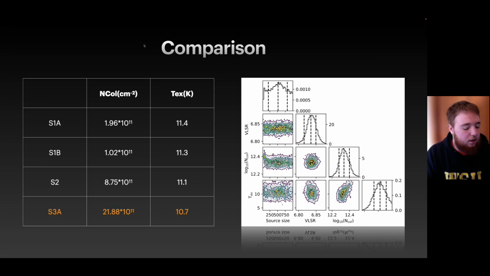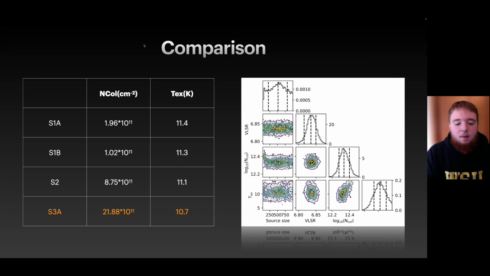And so something going forward that I can do is look into why benzonitrile might be more prevalent in Serpens 3A as opposed to these other sources. In this other column here, the excitation temperature in Kelvin is the energy at which the cloud gets excited and starts releasing energy.